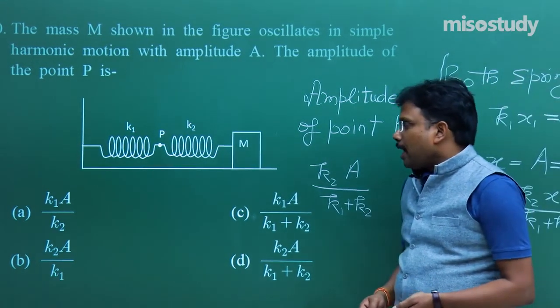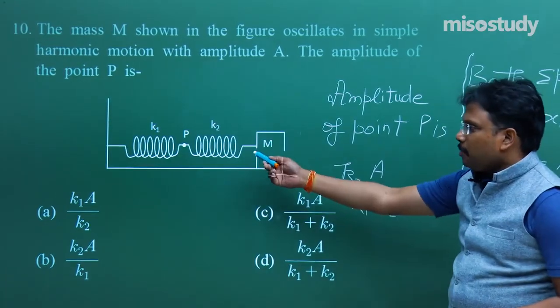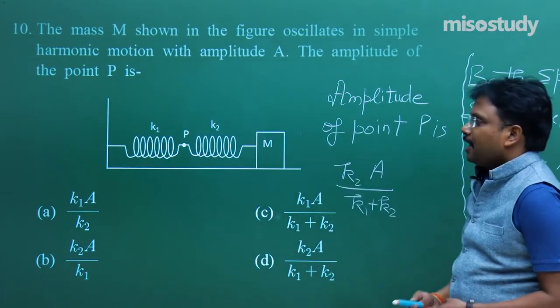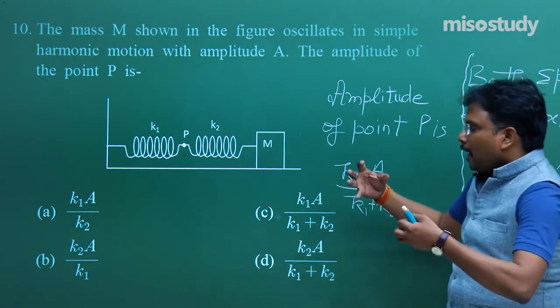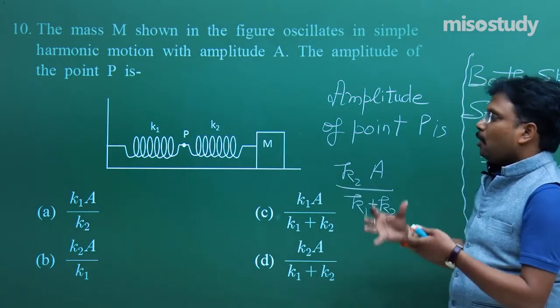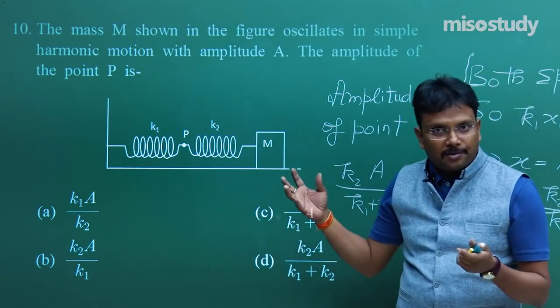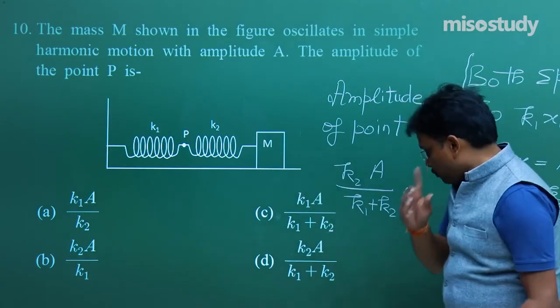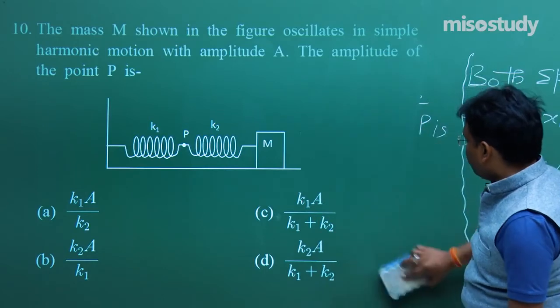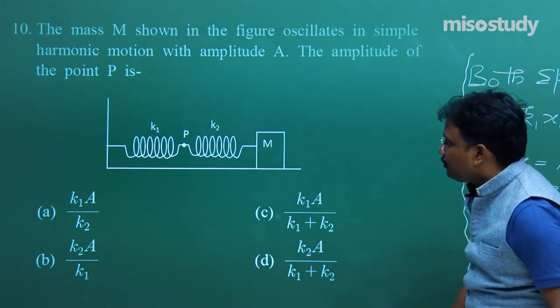So as such this problem is not difficult, but here I simply tried to incorporate the concept of series parallel combination of springs. Here is one more possibility. Let me give you a brief idea of that possibility.